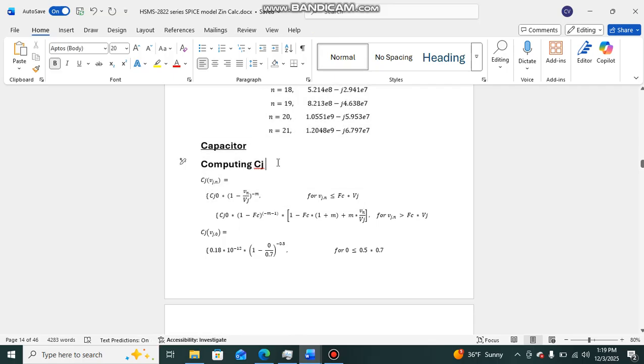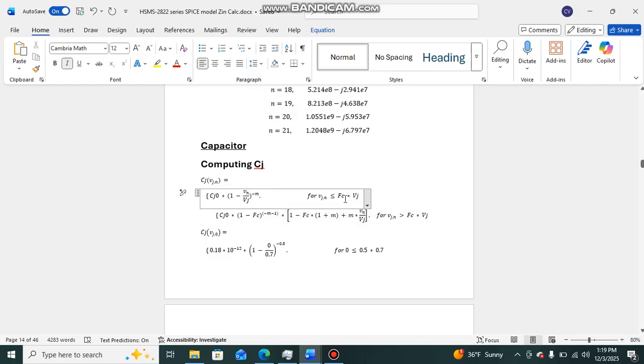Alright, and now you need to also compute the junction capacitance. There's a standard formula used for finding the junction capacitance in the diode. Since it's nonlinear, it needs to be used for that.